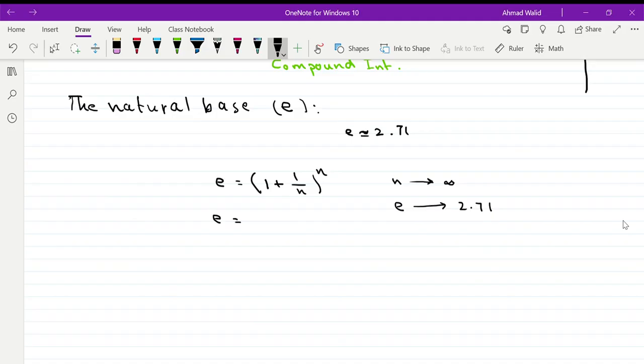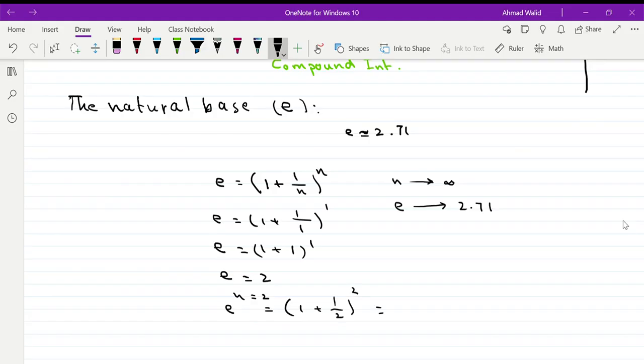For example, e equals 1 plus 1 over n, I'll plug in n equals 1: 1 plus 1 all to the power of 1, which gives you e equals 2. Next time, if I put n equals 2 and plug into this equation, it gives me 1 plus 1 over 2, to the power of 2, which gives you 1 plus 1 half, or I can say 3 halves, to the power of 2.